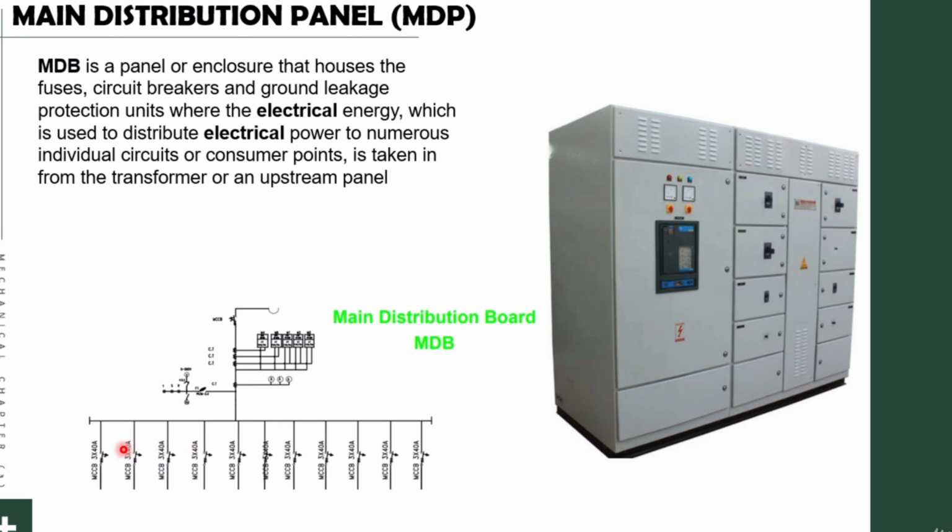See here all the MCCB 3 poles, and also there are a CT and a VT as we said.